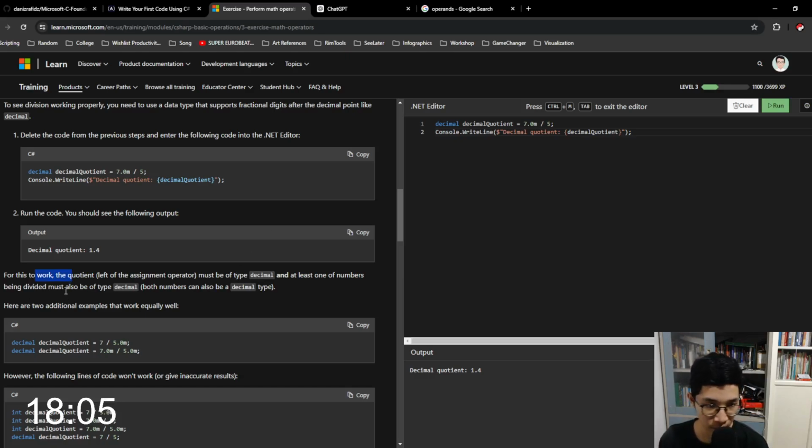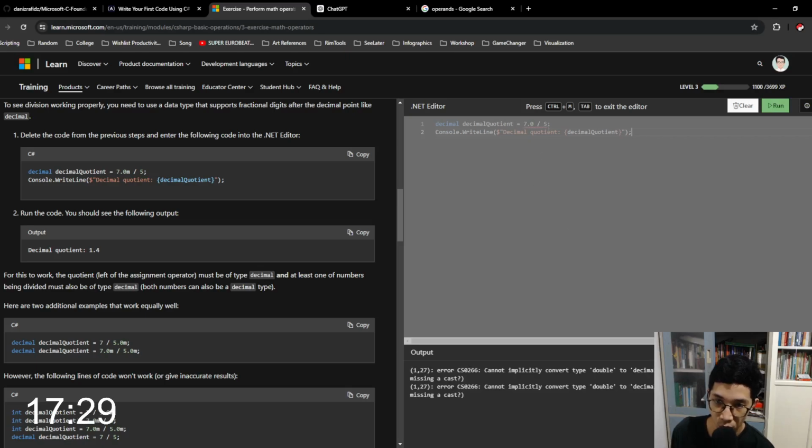Okay, let's get back to the topic. This is the question. Yeah, left of the assignment operator. Assignment operator. Where's the assignment operator? Must be of type decimal, and at least one of the numbers being divided must also be type decimal. Both numbers can also be decimal. What if I don't put m here? What will be the result?